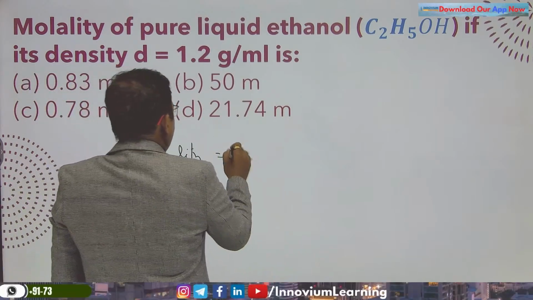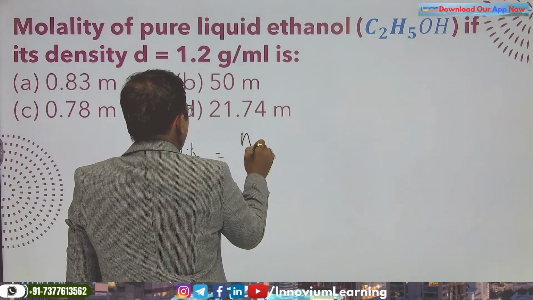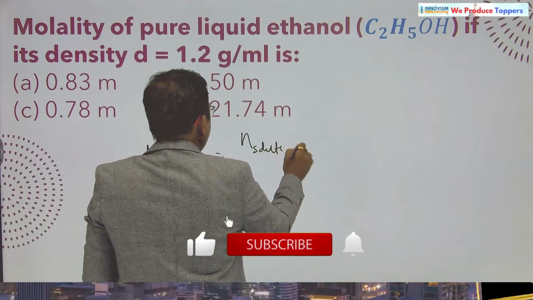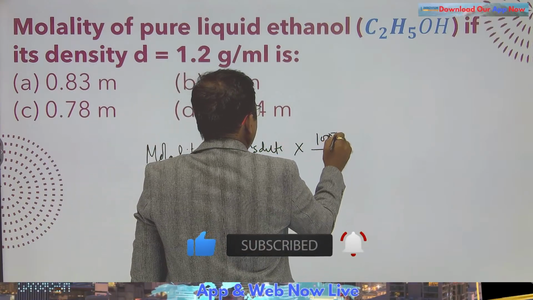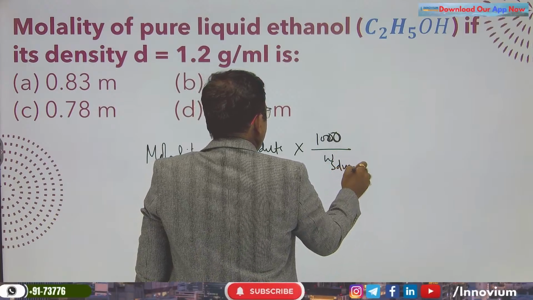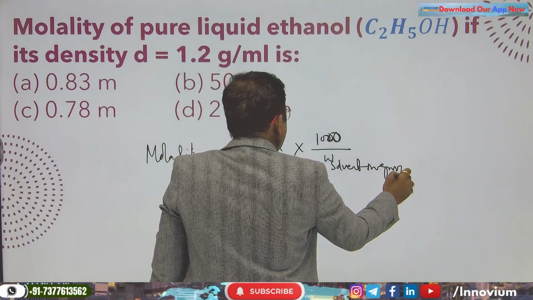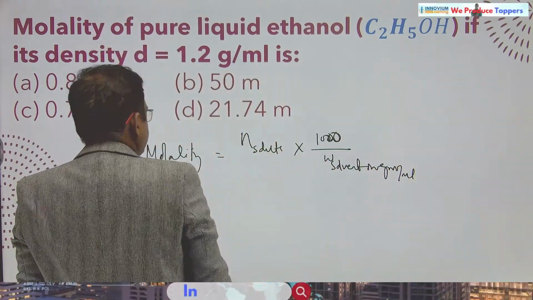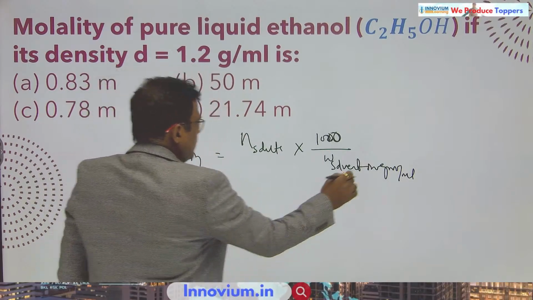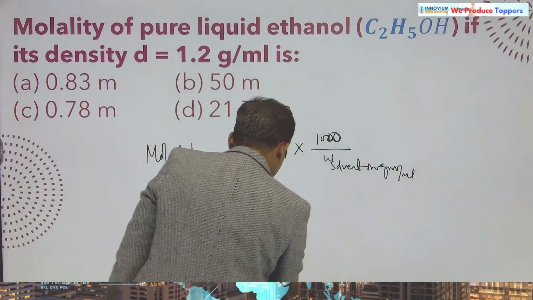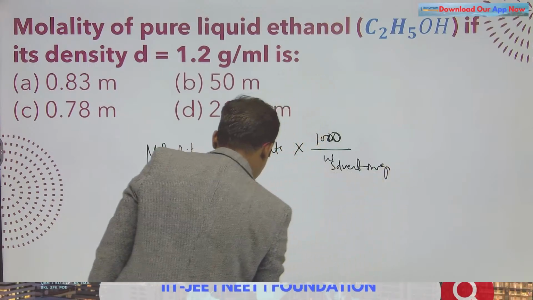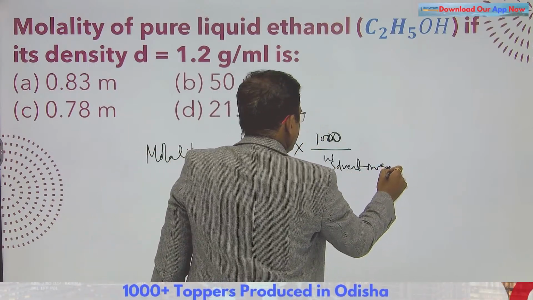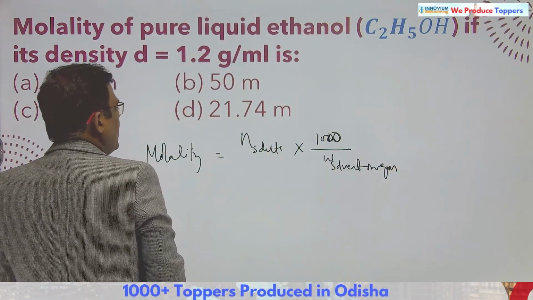That is the number of moles of solute into 1000 by W solvent, sorry, this is W solvent, only solvent, in gram. Correct? W solvent in gram unit.